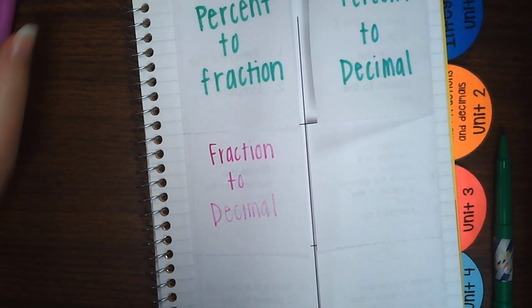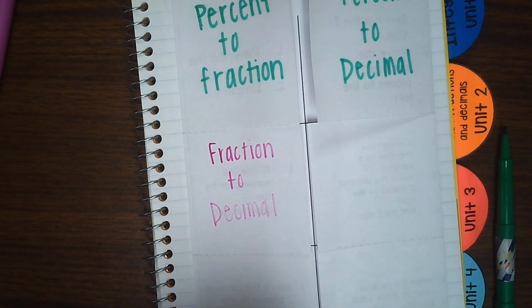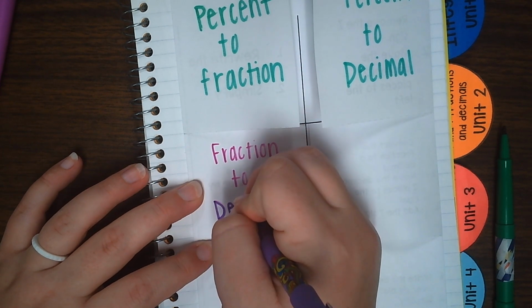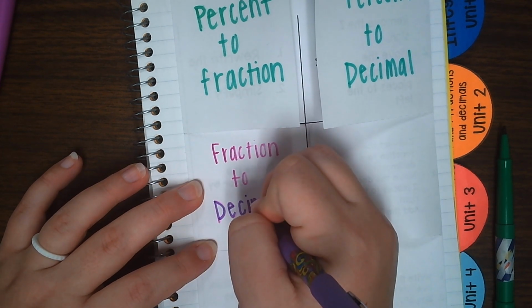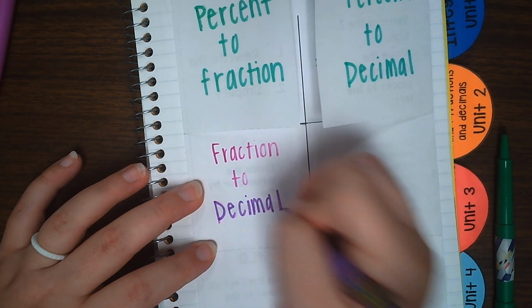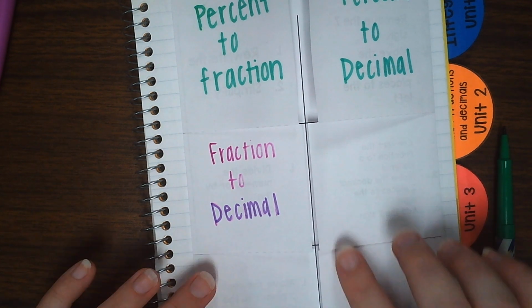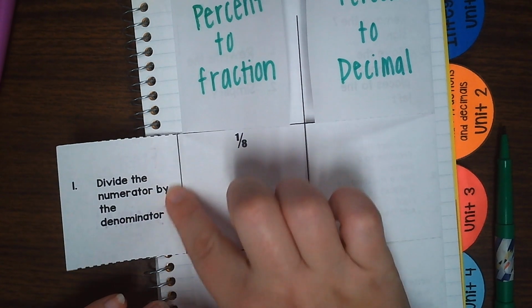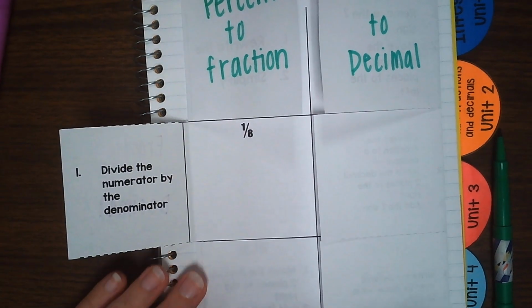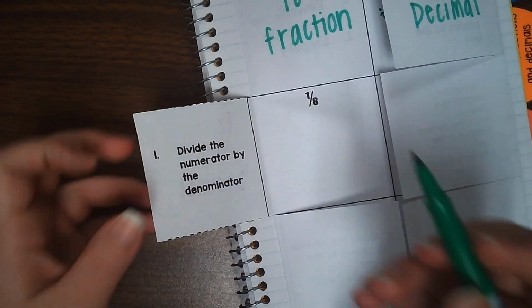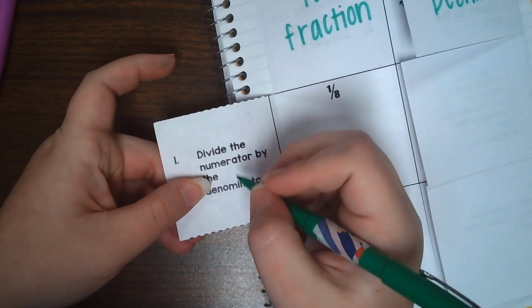Let me see if I can write that a little better. There we go. To convert a fraction to a decimal, you divide the numerator by the denominator. And I want you to write this out. We've talked about this before.